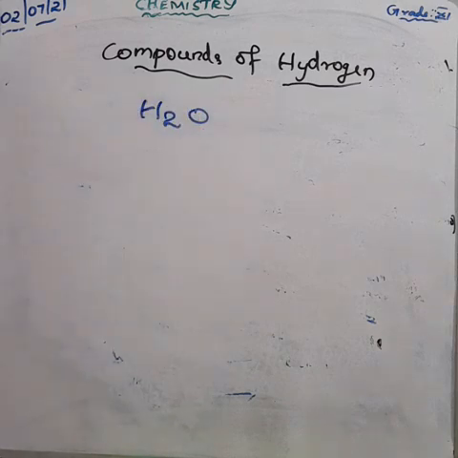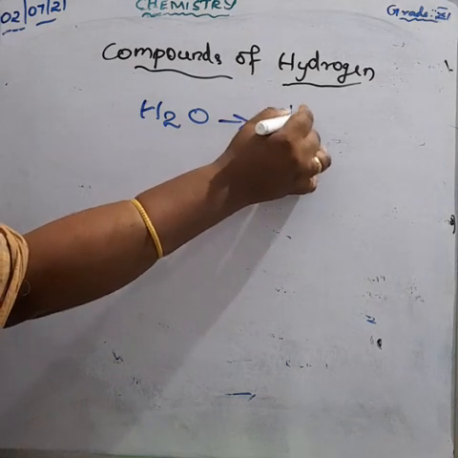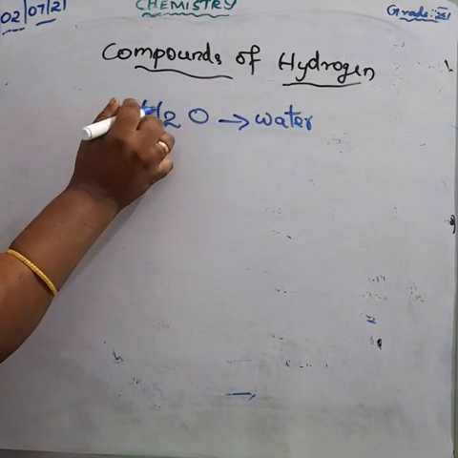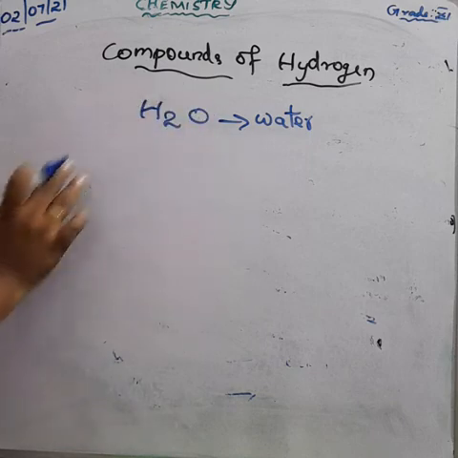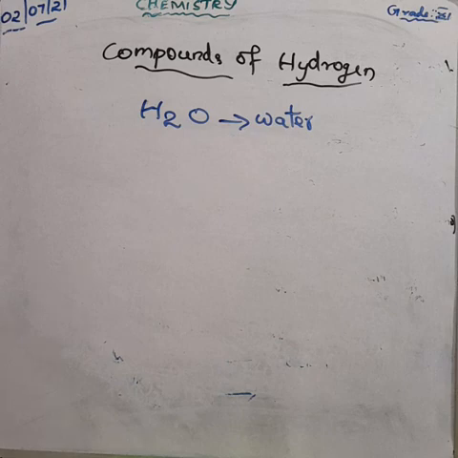Water means H2O, when two hydrogen atoms and one oxygen atom combine to form water. Everyone knows about the water. Water is one of the most abundant and important substances known to man.